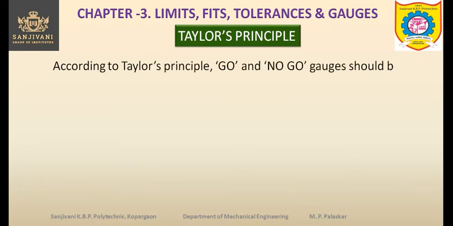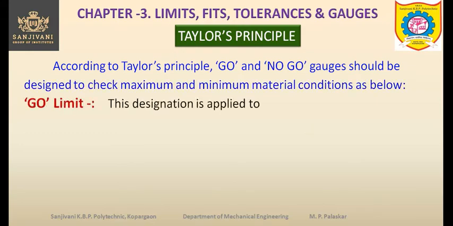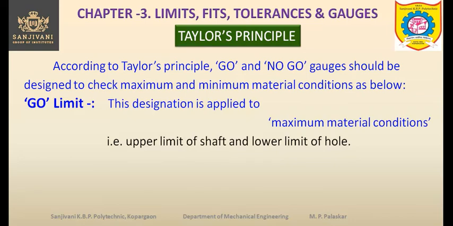According to Taylor's principle, go and no go gauges should be designed to check maximum and minimum material conditions as below. The go limit is applicable for maximum material condition, that is, the upper limit of shaft and lower limit of hole.